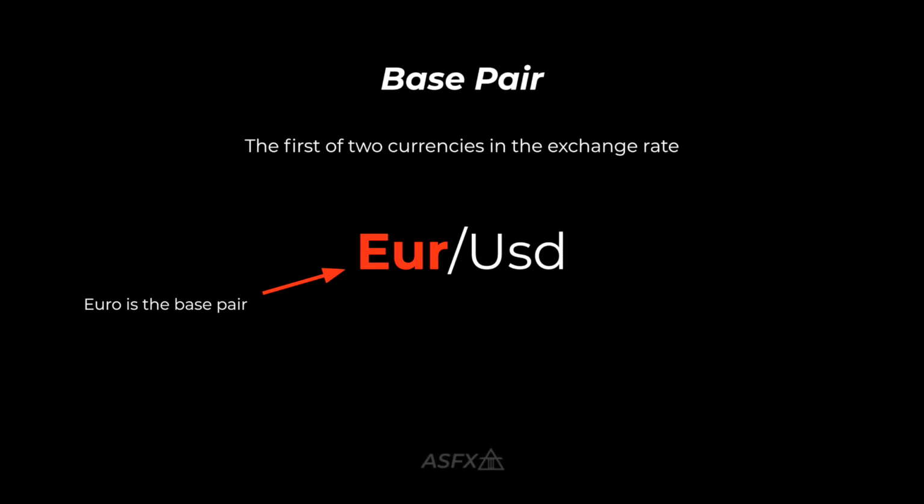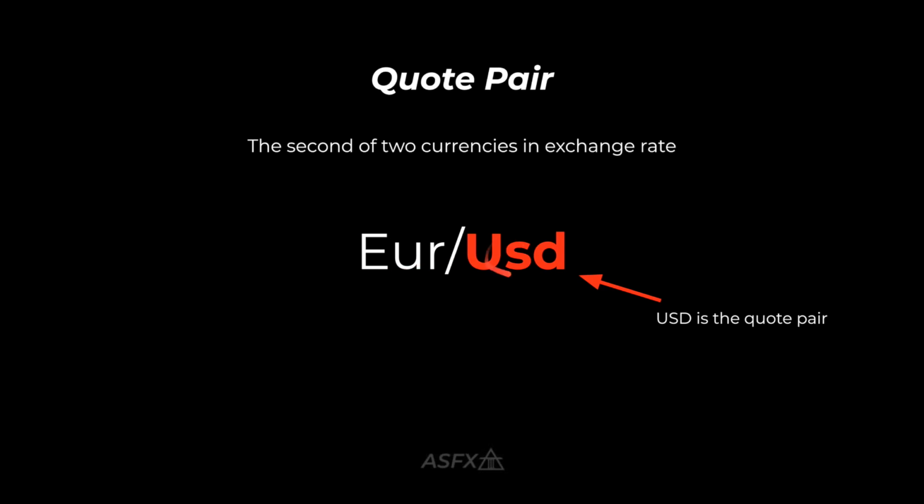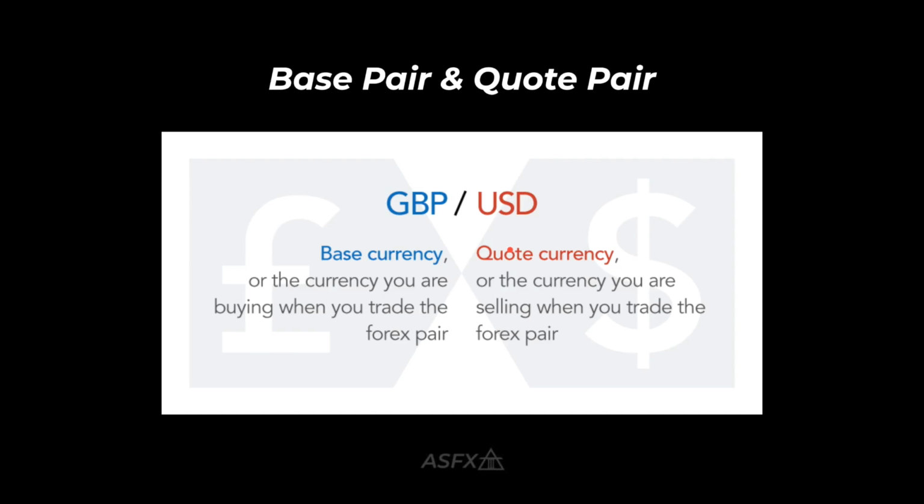When we talk about currency pairs, there's two currencies in the exchange rate that we're trading. The first is your base currency. So in this example, the euro is our base currency. In the second example here, we have the quote currency, the second currency in your quote. Put them both together and you have your base and quote pair. The base currency is the currency you're buying when you trade a Forex pair.